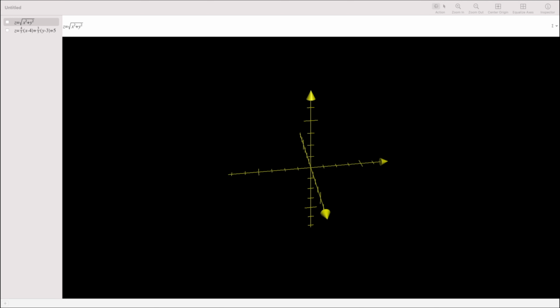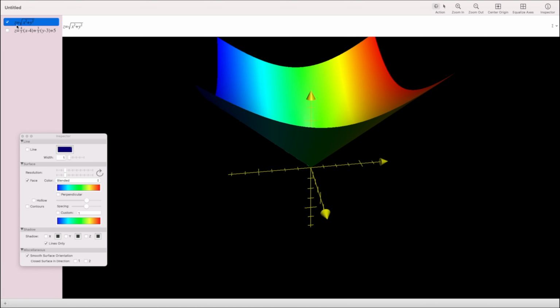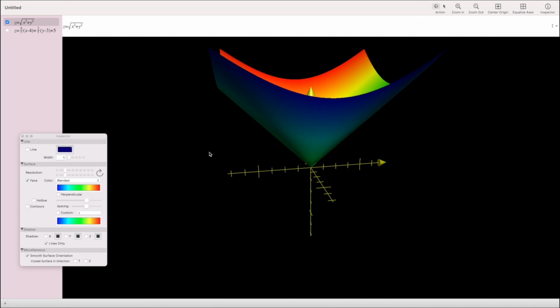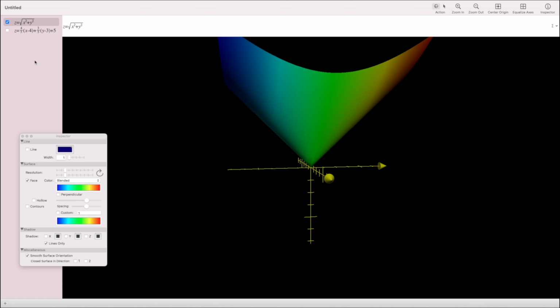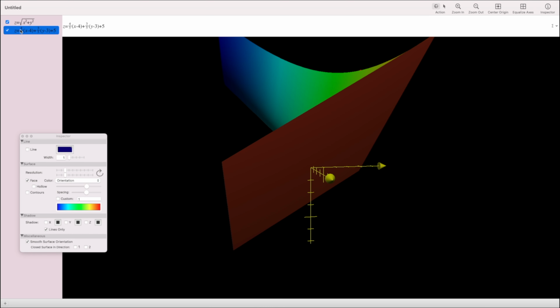So let me show it to you, the graph of this function z equals the square root of x squared plus y squared. As you see, we have a cone like this in 3D, and then this is the equation of the tangent plane, 4 over 5 times x minus 4 plus 3 over 5 times y minus 3 plus 5.